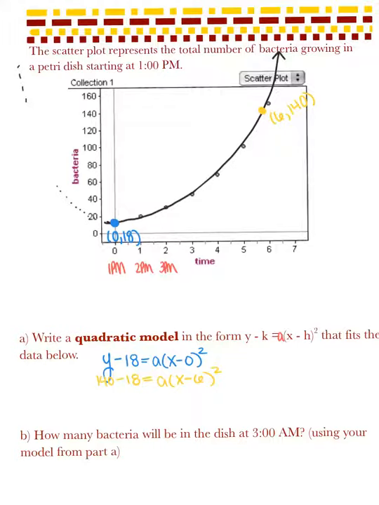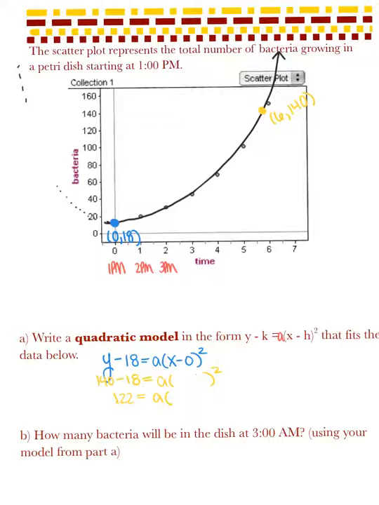And now we've got to solve for that a value. So you probably need a calculator now. When I take a look at the left-hand side, 140 minus 18 is 122. Equals a times, oh, I messed up there. Let's clean this right side up. I'm plugging in 6, not changing my 0.